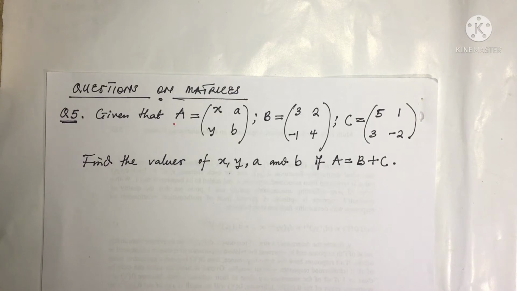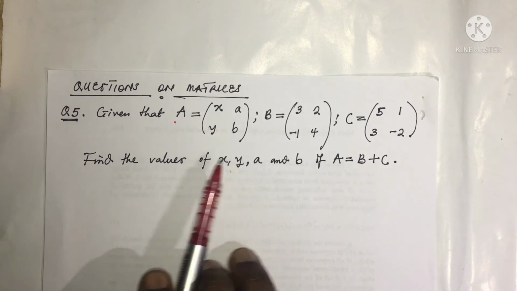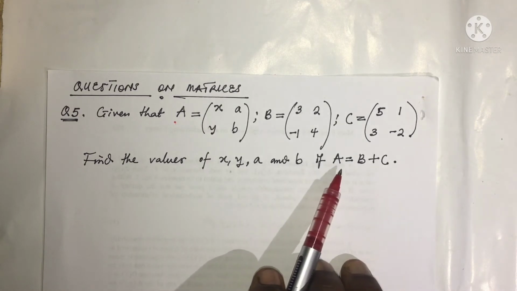If you go to our videos on matrices, precisely to the video where we talked about addition of matrices, you would come to realize that we said matrices are only conformable for addition or subtraction when they have the same order.